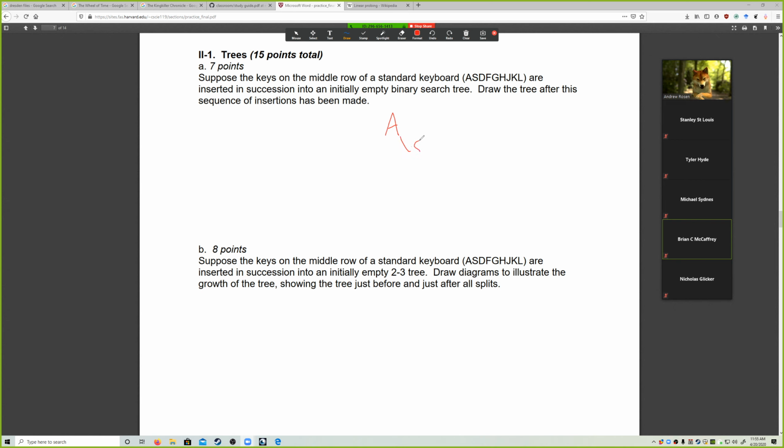A, S. S comes after A. D comes before S. A, S, D, F, G, H, J, K, L. A very unbalanced tree, but a very easy 7 points.